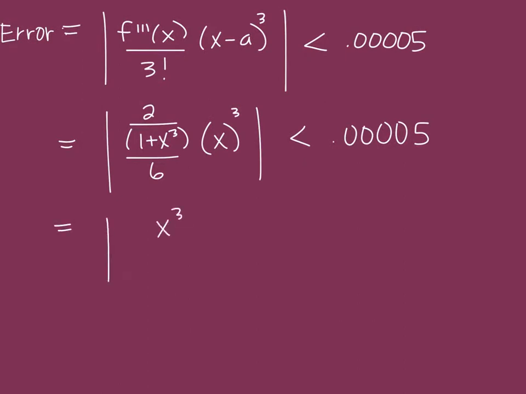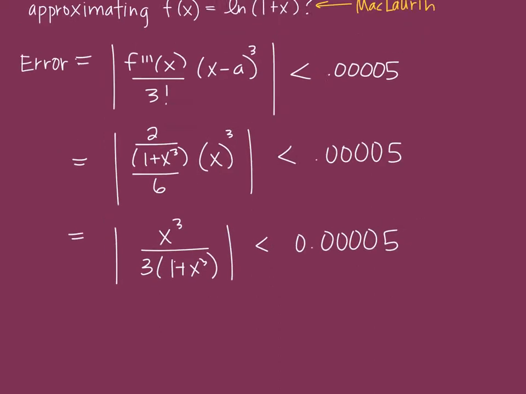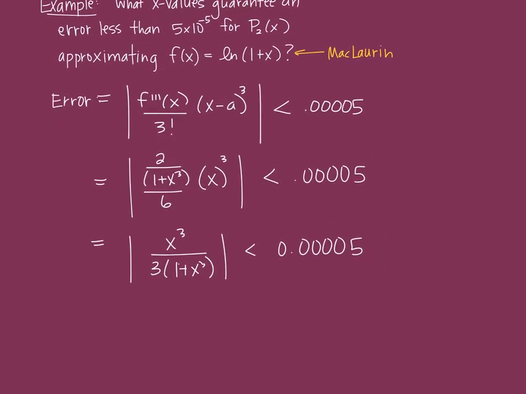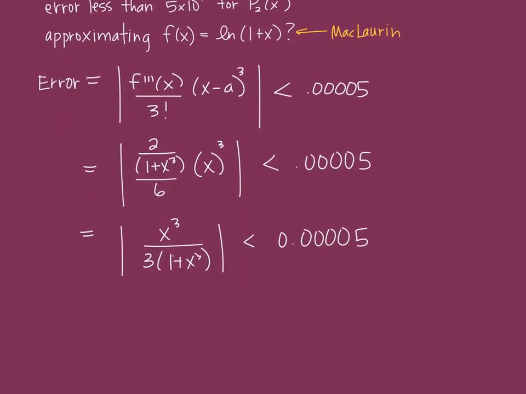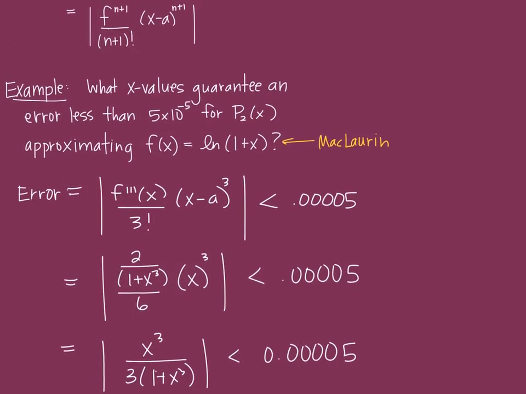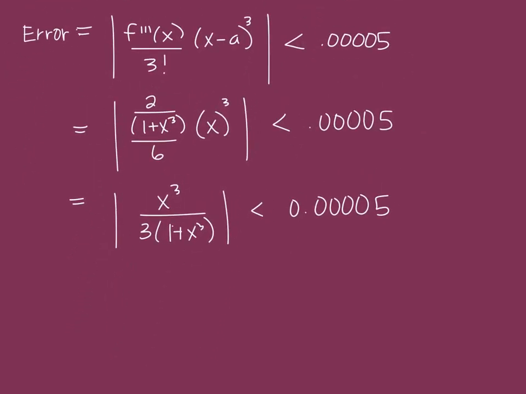So let's clean this up a tiny bit. x cubed in the numerator and 3 times 1 plus x cubed in the denominator. Oh, I have my cube on the wrong thing. The cube should be outside the parenthesis, because I was doing the derivative.